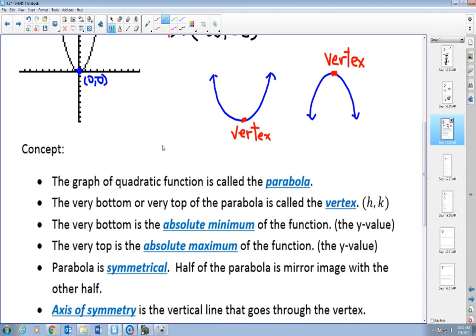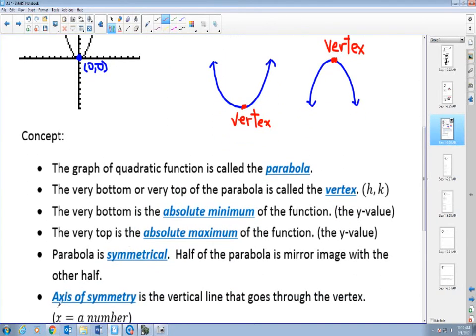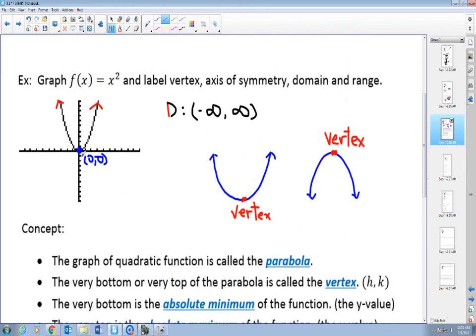That's called a mirror image. The axis of symmetry refers to the vertical line that goes through the vertex. Right now, my axis of symmetry for this problem is the y-axis.